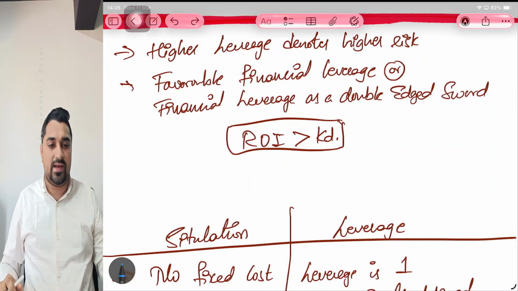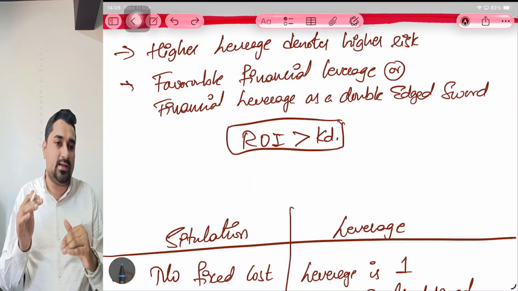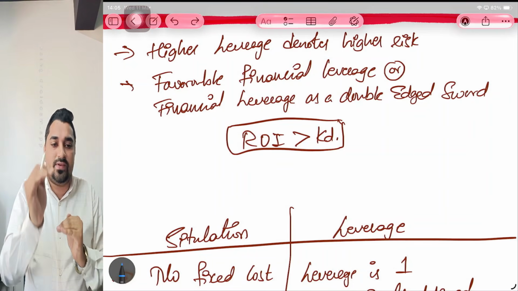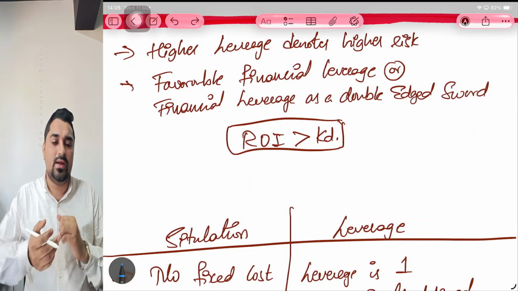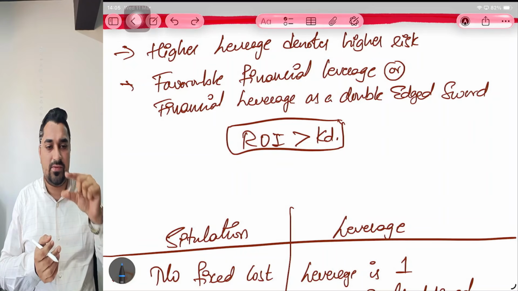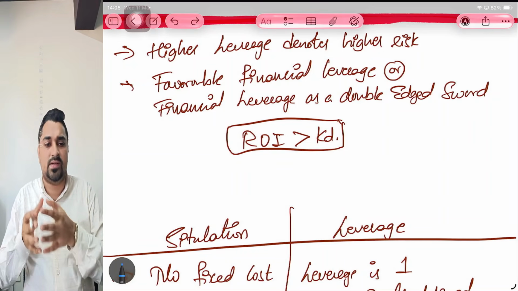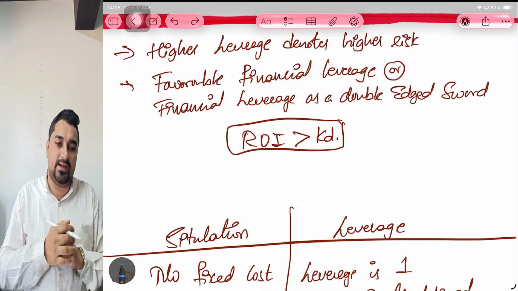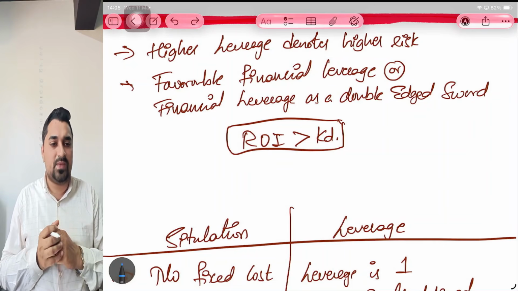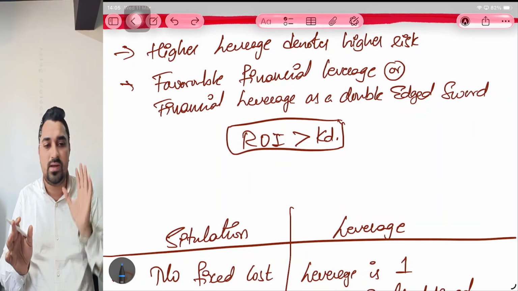In other words, I will borrow debt at a lower cost, invest in my business and generate higher returns. In that case, whatever excess profit I earn will benefit the equity shareholders, because when I raise debt, it comes with a fixed financial commitment, irrespective of the company earning 8%, 10%, 20%, 30%, or maybe losses also. If I'm raising debt at 6%, irrespective of my profit or loss, I have to pay my debt provider only 6%.